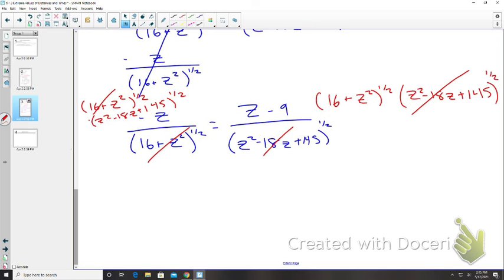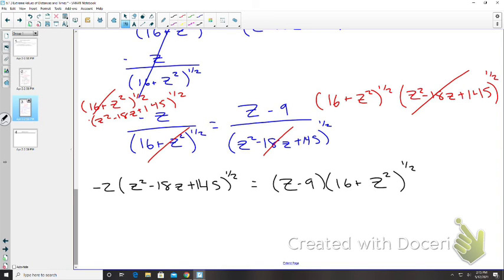And then what will I be left with? We will have negative z multiplied by z squared minus 18z plus 145 to the 1/2 is equal to our z minus 9 multiplied by 16 plus z squared to the 1/2. Okay?